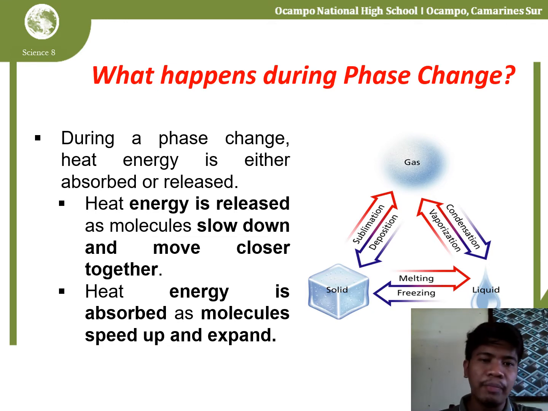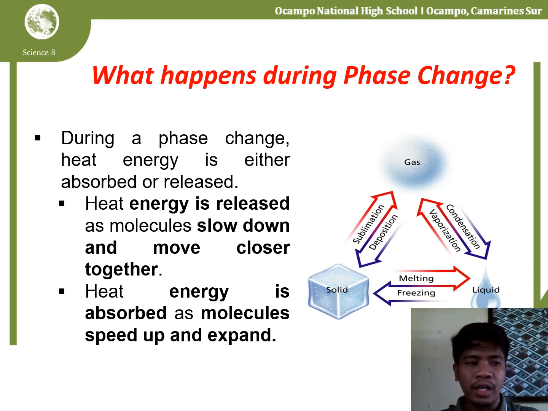Ano ang mangyayari kapag ang heat energy is absorbed? Heat energy is released as the molecules slow down. Okay, kapag ang heat energy na-release, ang mangyayari sa molecule natin, mag-slow down sila. Kasi sabi natin, if you will remember, in our previous video lesson, that the particles inside an object are constantly moving. Kaya lang sa solid, ang movement niya is very limited.